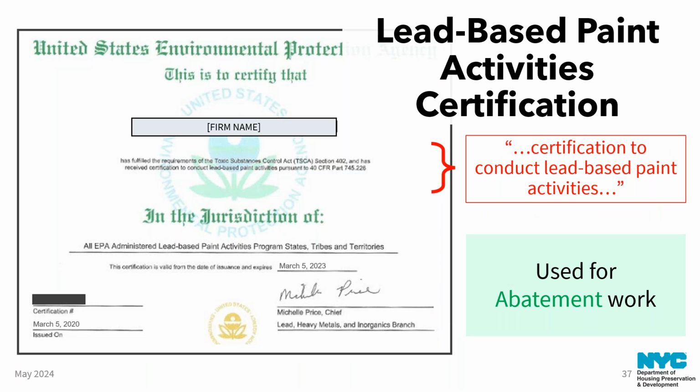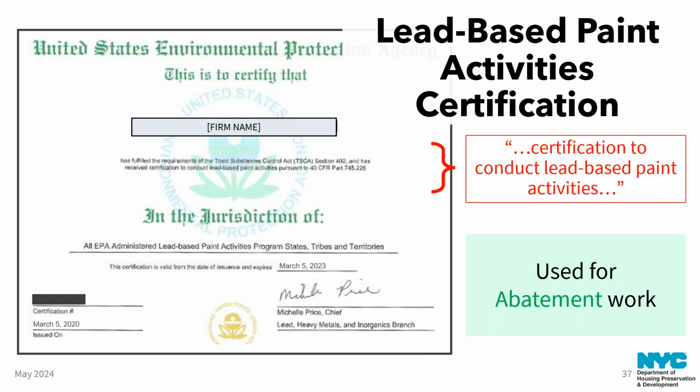This is the abatement certification. Now, in this case, this certificate is commonly referred to as an abatement certificate, but the word abatement does not appear anywhere on the certificate. The phrase that you're going to be looking for is lead-based paint activities. And this certificate covers a wide variety of different roles.